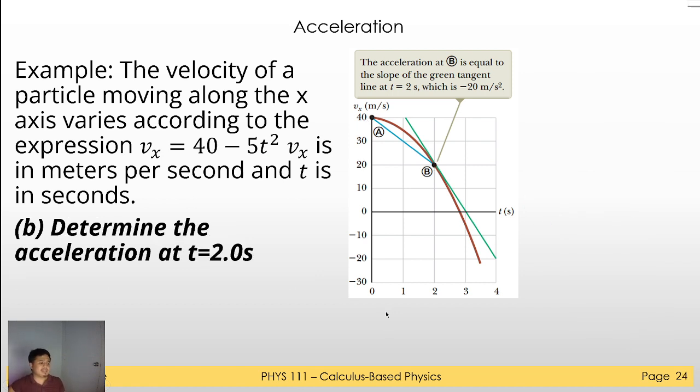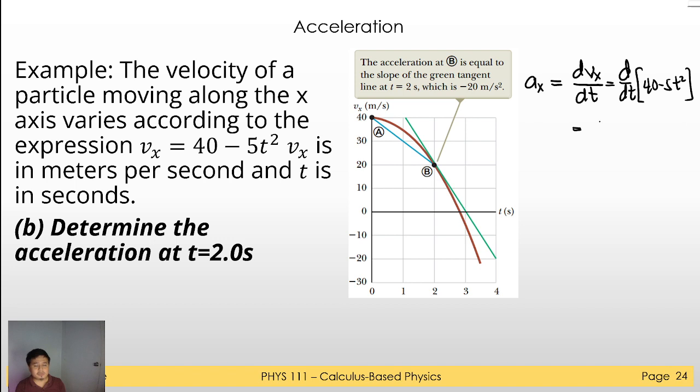So determine the acceleration at t equal to 2.0 seconds. When we say the acceleration only, we're talking about the instantaneous acceleration. To find the instantaneous acceleration a sub x, this is just the derivative of our velocity function with respect to time. So let's find the derivative of our velocity function, which is 40t minus 5t squared.